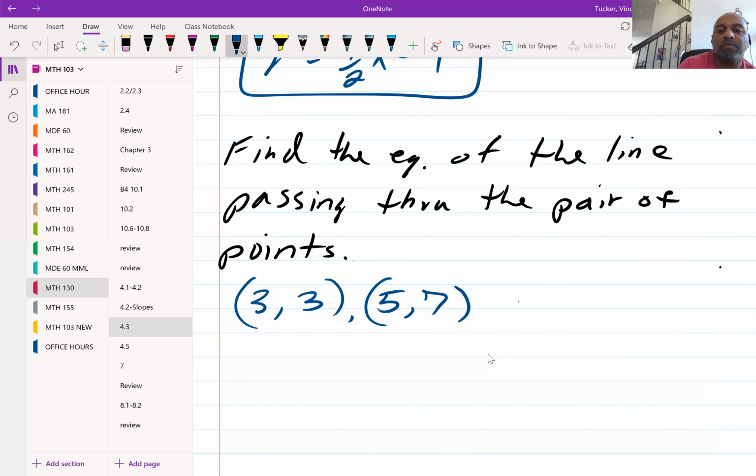Find the equation of the line passing through the pair of points.